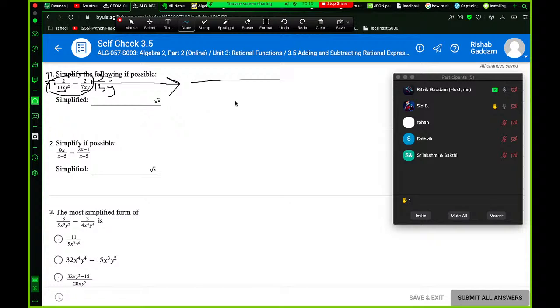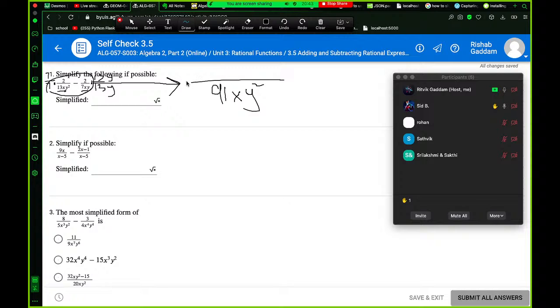And so, what do you get? I think that's 91. 13 times 7 is 91. So on the left side you get 91x squared. Well, you get that on both sides.